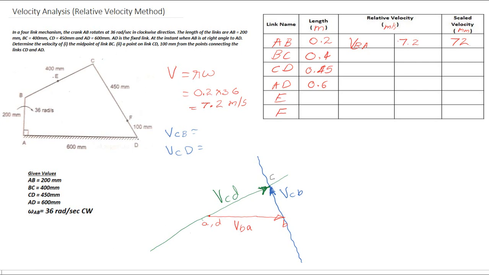The common point is D, and from that point D the F is located at 100 mm. So next we have to locate the velocity points of E and F.